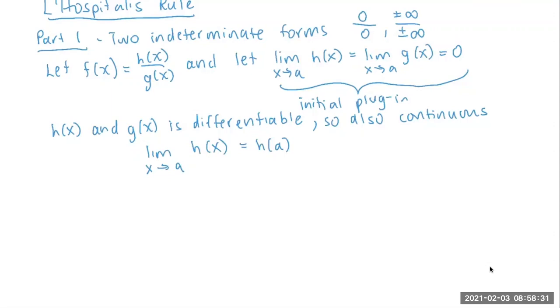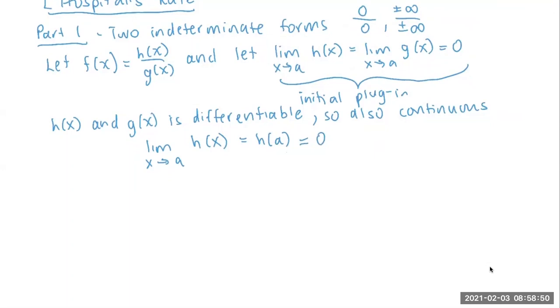Kind of a roundabout way, but if we look back at what we established at the beginning, when we did our initial plug-in, the limit as x approaches a of h of x was 0. So we can say all of that is true, and we can assume that all of this is 0.